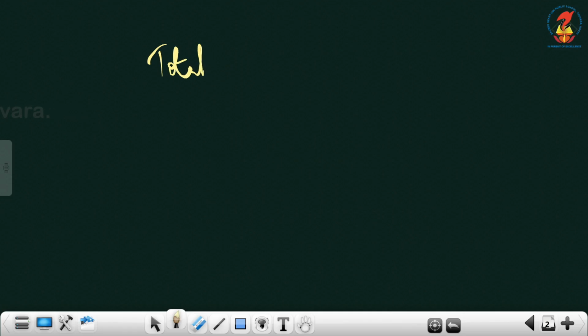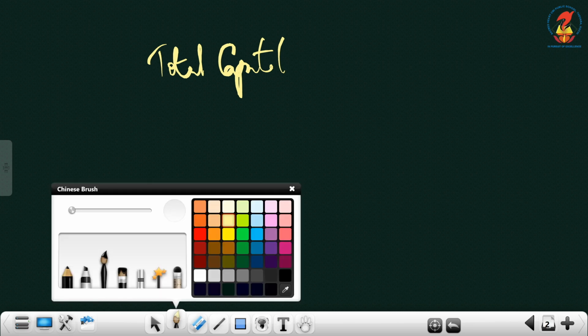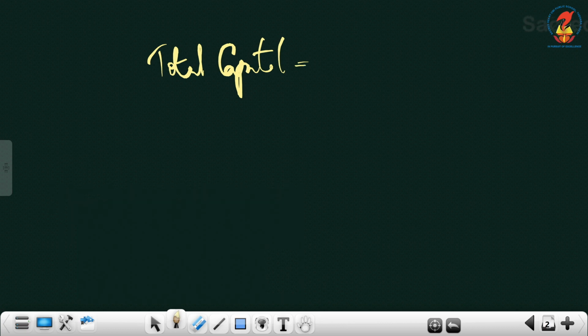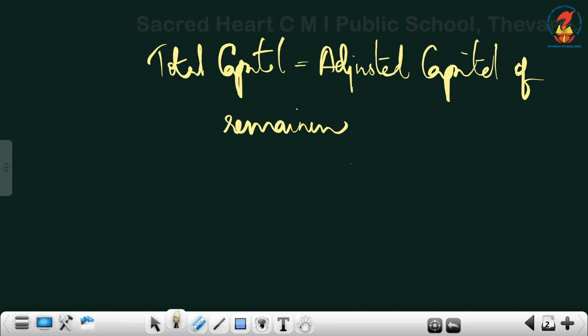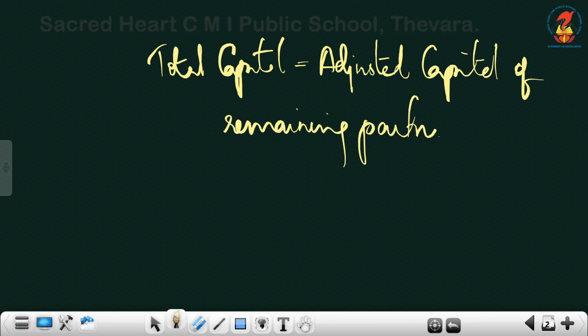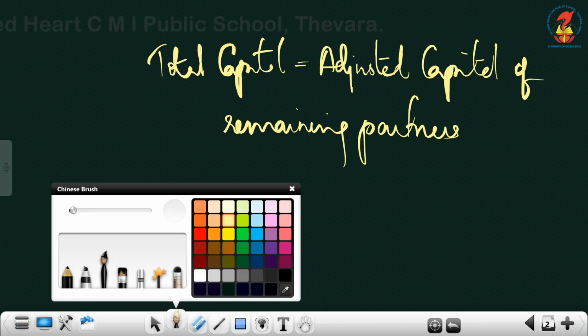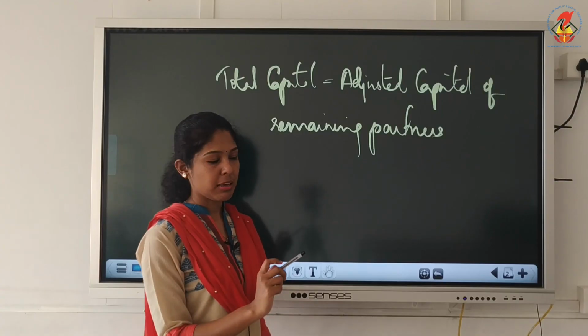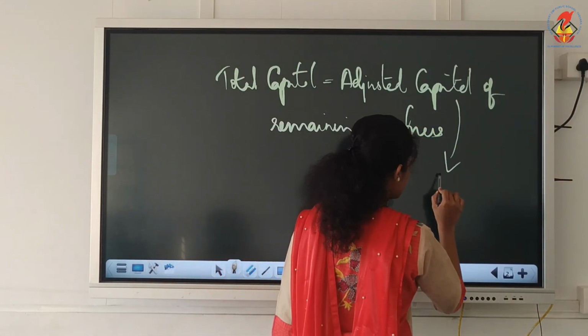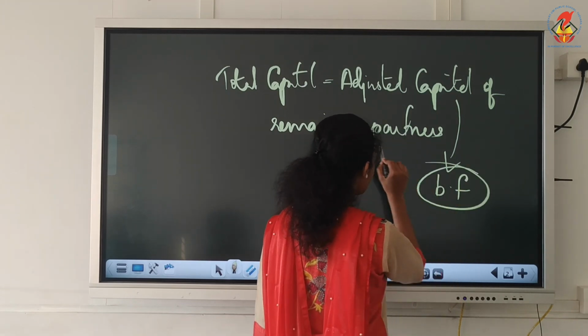Total capital is equal to adjusted capital of remaining partners or continuing partners. You don't have to multiply this with the reciprocal, nothing to be done. You just have to take the adjusted capital of remaining partners, and adjusted capital, you know, it is the balancing figure of remaining partners.